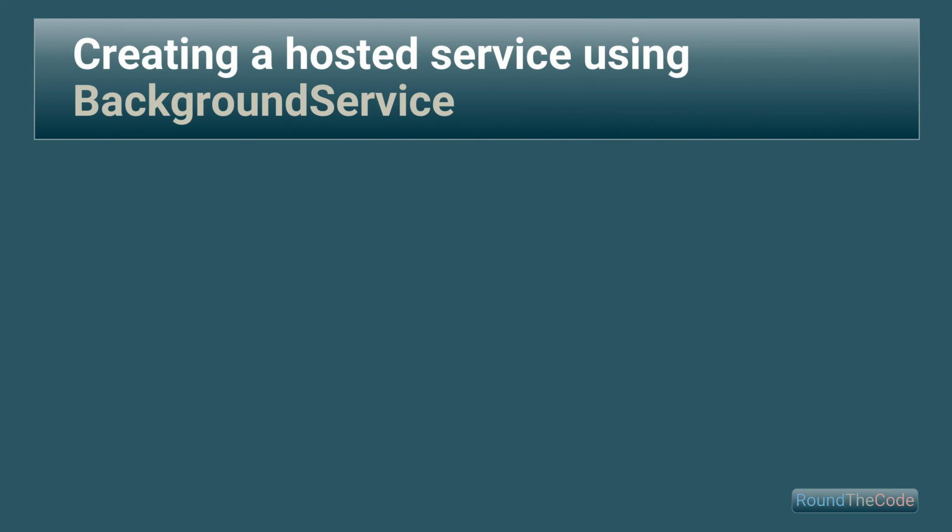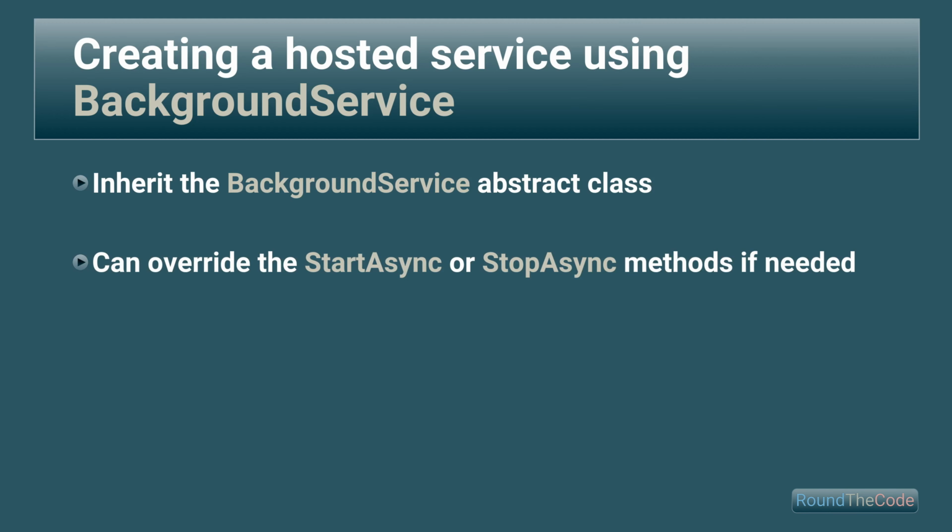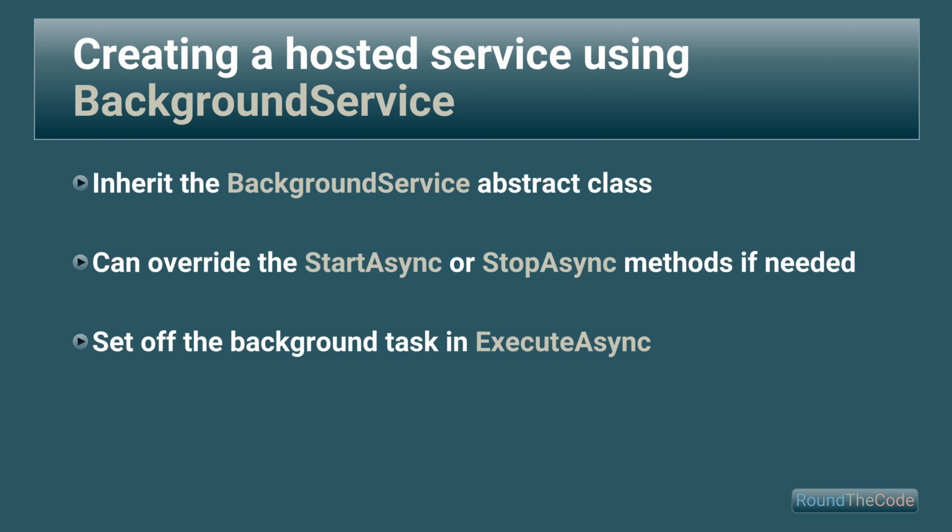The alternative is to inherit the BackgroundService class. The BackgroundService class is an abstract class that also inherits the IHostedService interface. One of the benefits of inheriting this service is that we don't have to implement the StartAsync or StopAsync methods. However, if we wish to override them, we can do that. In the BackgroundService class, there is an abstract method called ExecuteAsync that allows us to execute a task.